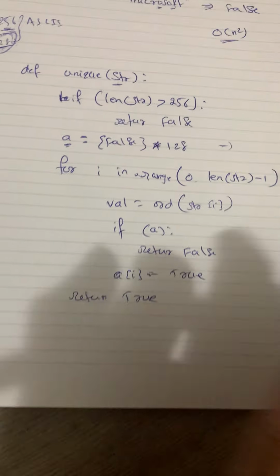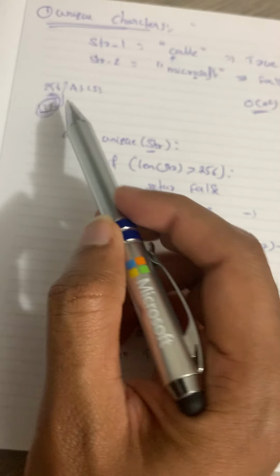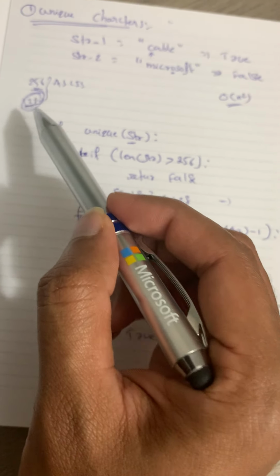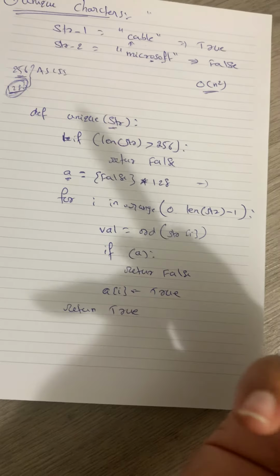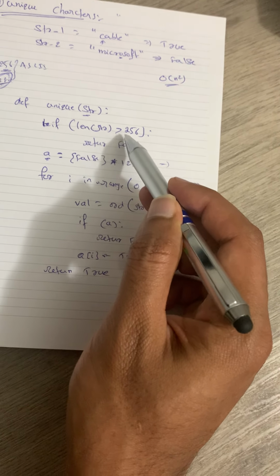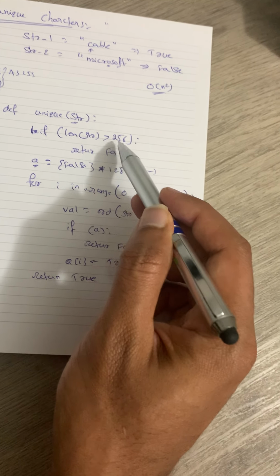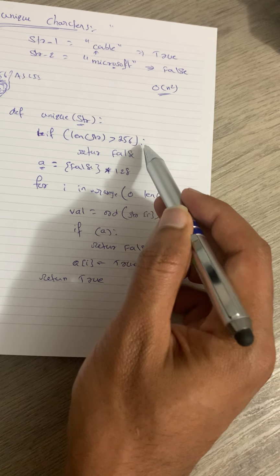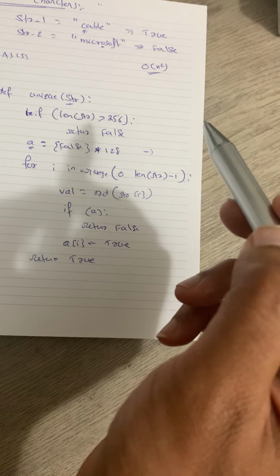What we're doing in this program is using these ASCII values. We check the length of the string, and if it is exceeding 256, we just return false. This is pretty straightforward.